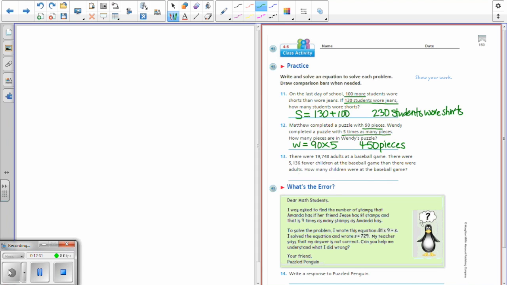So if I want to know how many children were at the baseball game, I need to take how many adults there were, and take that 5,136 away from my adult number, and I'll get how many children were there. I'm going to have you do that subtraction and tell me that answer on our form.